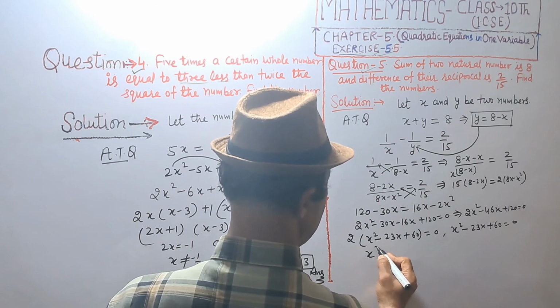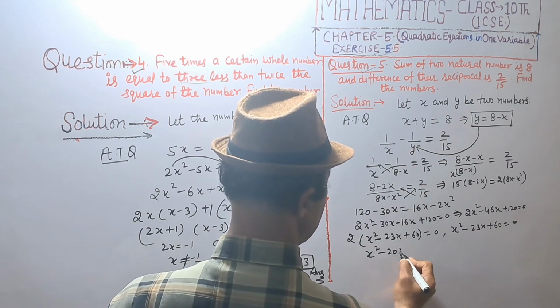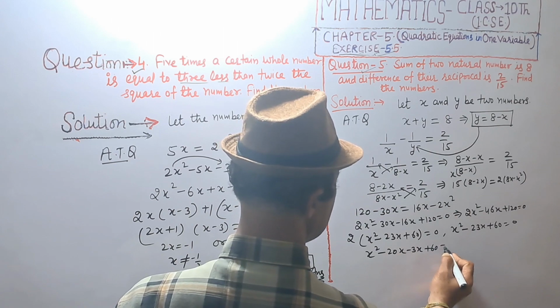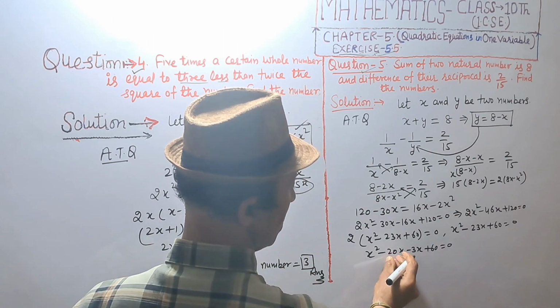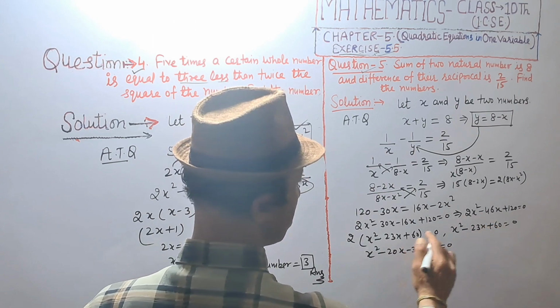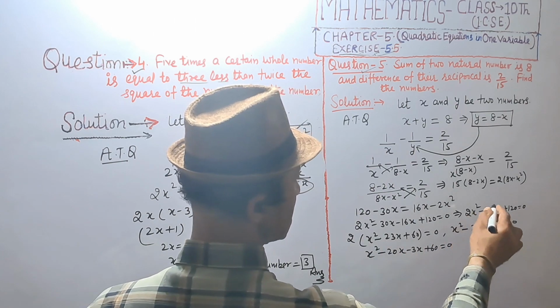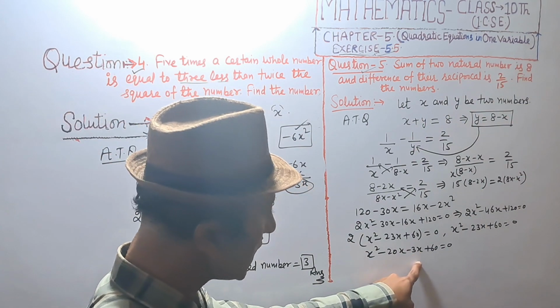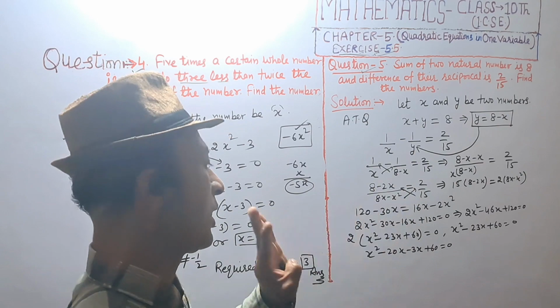So we can write x square minus 20x minus 3x plus 60 equal to 0. Minus 20x minus 3x, that is minus 23x, and 20x into 3x, that is 60x square.